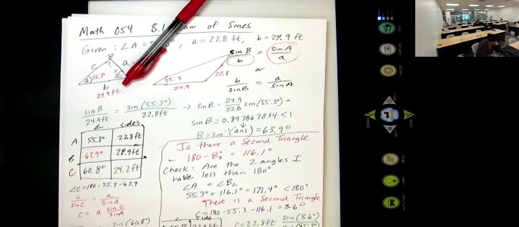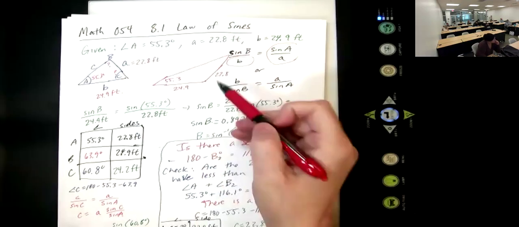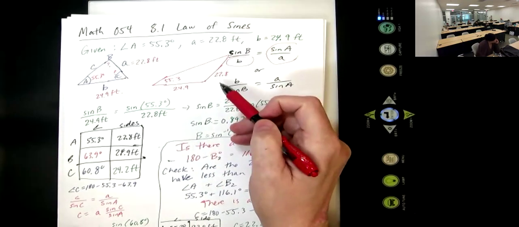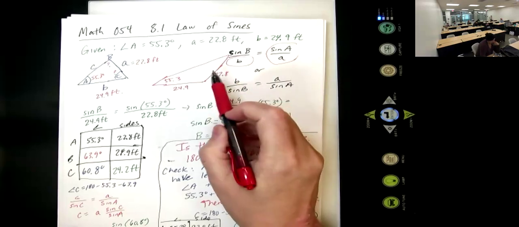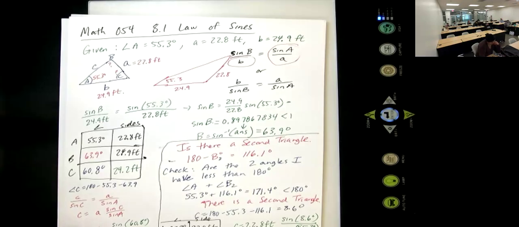Does that make sense? I drew one where it was an acute triangle because that's what we're used to seeing, but if there is an obtuse triangle, we won't know unless we test the angles. The angles have to add to 180, which means if two of them already add to more than 180, that third angle can't happen and therefore we don't have a triangle.